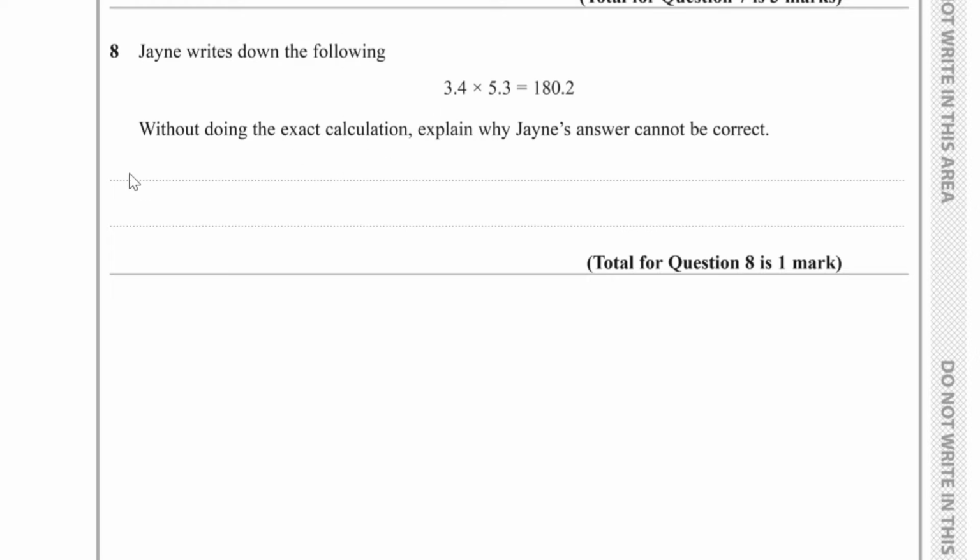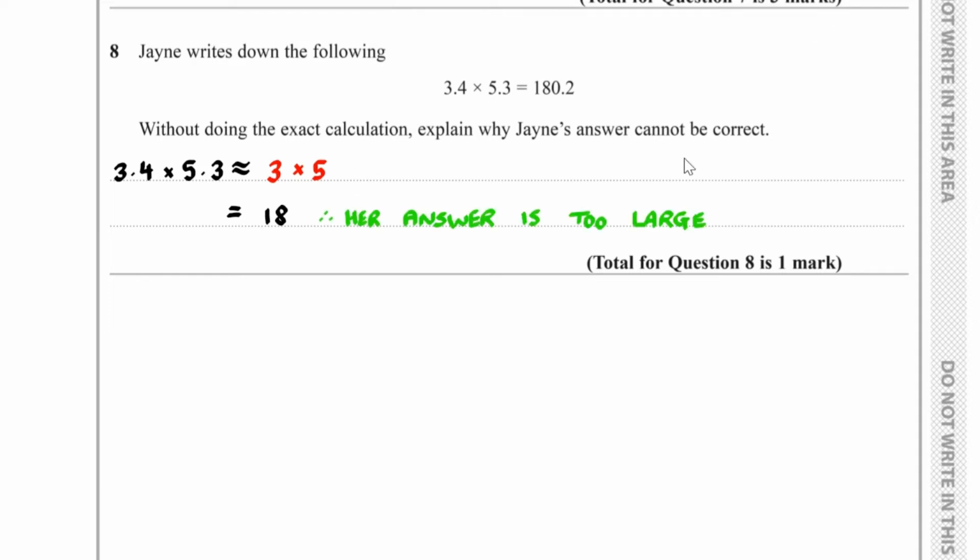Well, we've got this calculation, 3.4 multiplied by 5.3, and this is approximately equal to 3 times 5, and 3 times 5 is equal to 18. So what can we say then? Well, her answer is too large, which is why she cannot be correct.